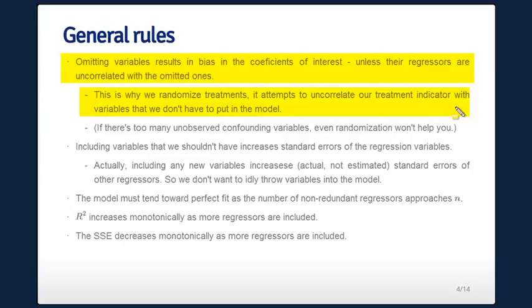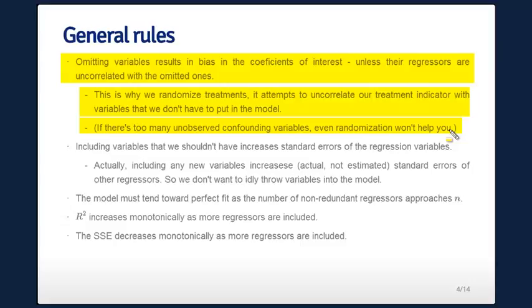If you want to look at something like a treatment effect, and you're worried you didn't include a variable, randomization gives you some hope that the treatment assignment is uncorrelated with these unknown unknowns. Of course, if there are way too many unknown unknowns, then just by chance they're going to be aliased with your treatment effect, which is a problem.